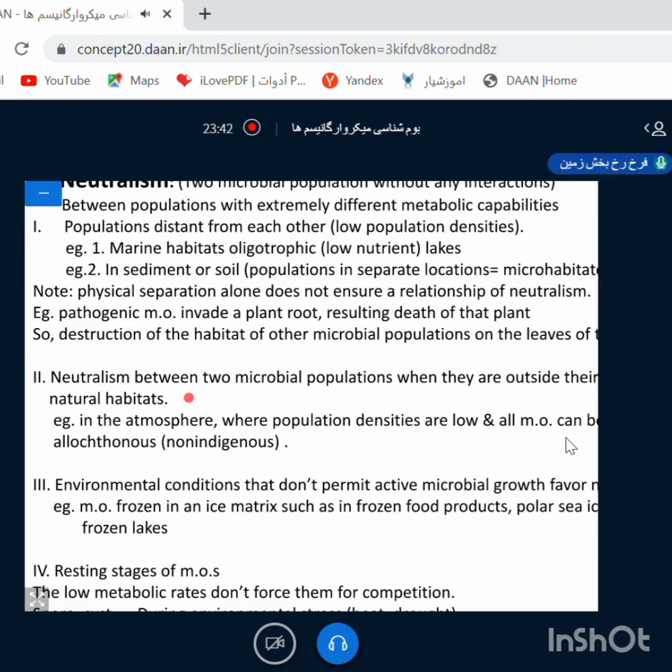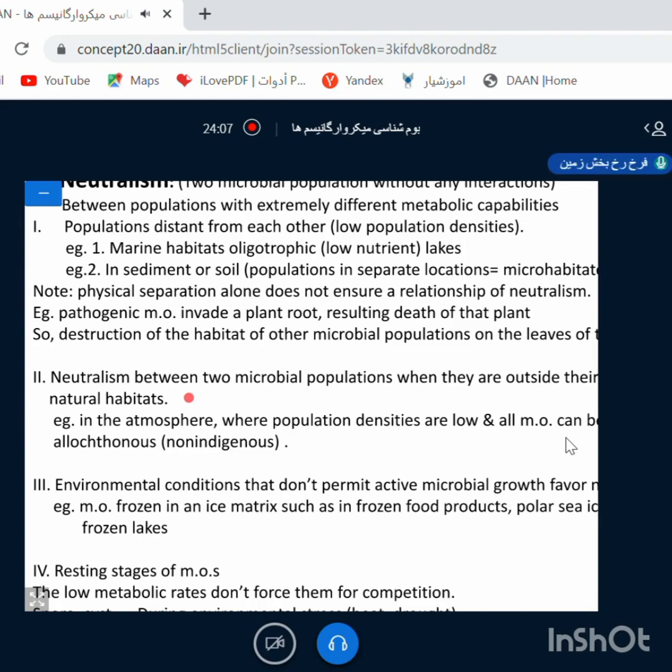Suppose you pour some soil into the river. Those microbes of soil cannot have maximum metabolism in the water. So if they have any interaction in the soil, they cannot have it in the water.